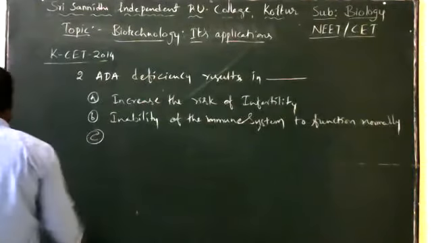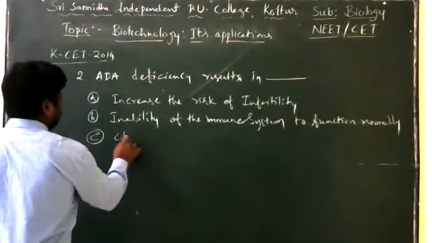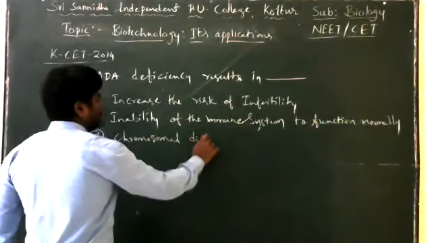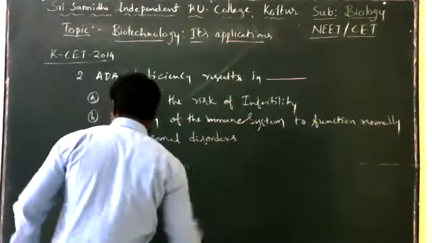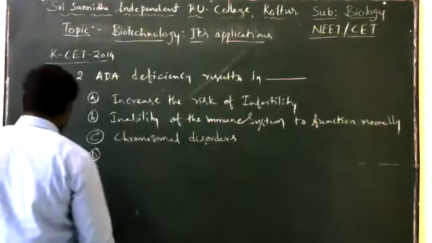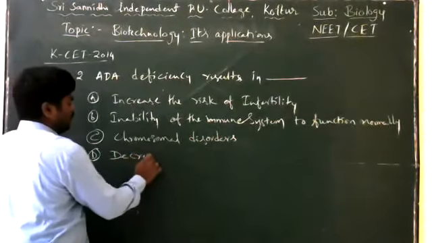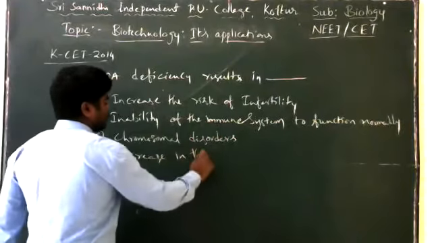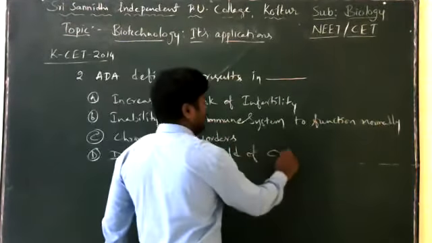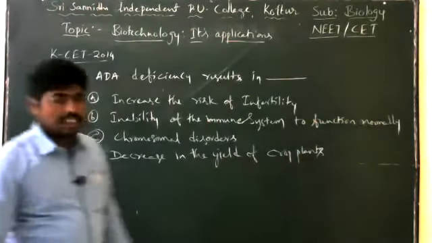Next, C, chromosomal disorders. Next, D, decrease in the yield of crop plants. So these are the options given.